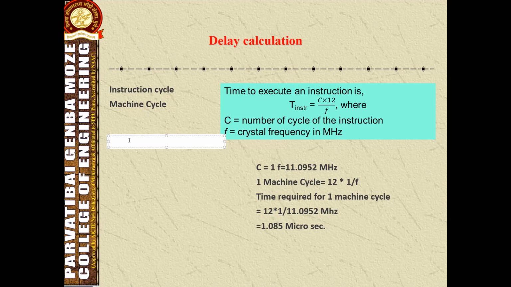I am writing directly here a subroutine: MOV R3, hash 250, and here NOP.